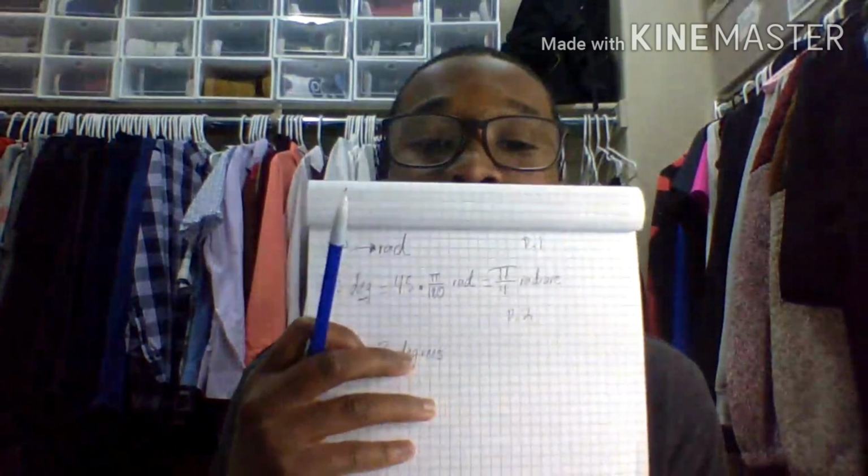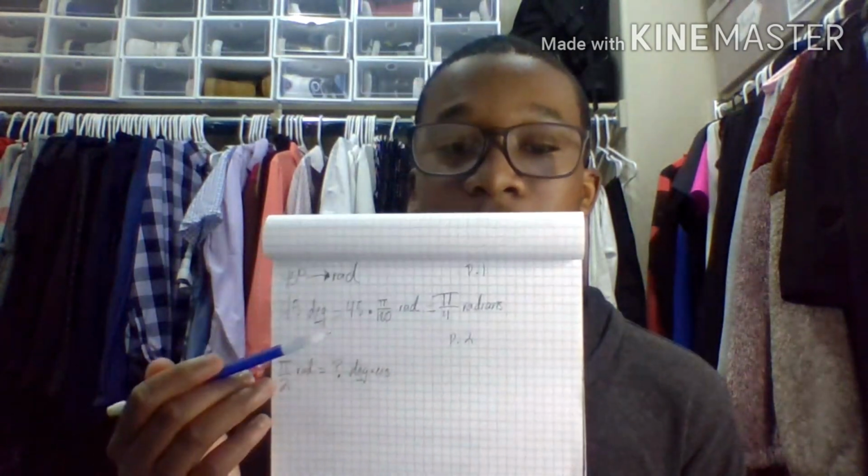So for part 1, let's say we have 45 degrees and we don't know the radians. Well, let's think about it. 45 degrees is going to equal 45 times pi over 180 radians.